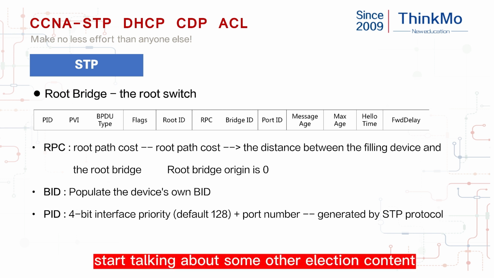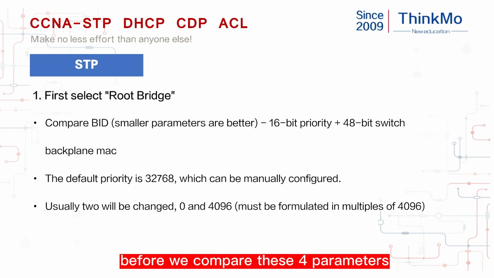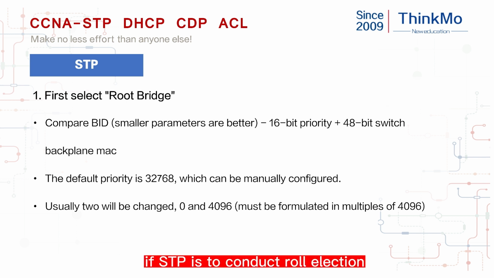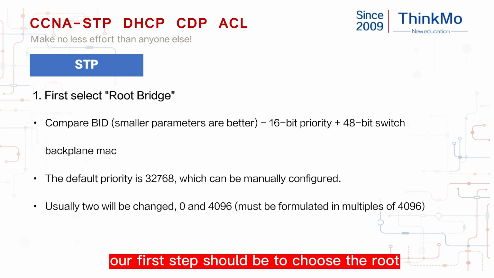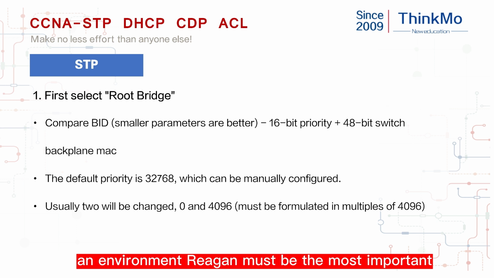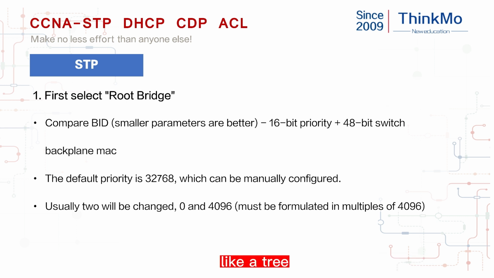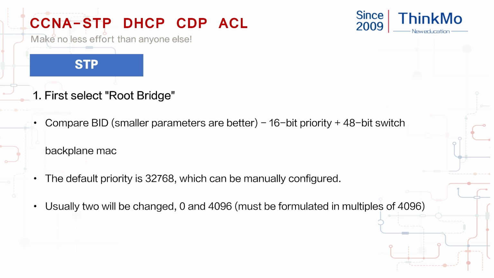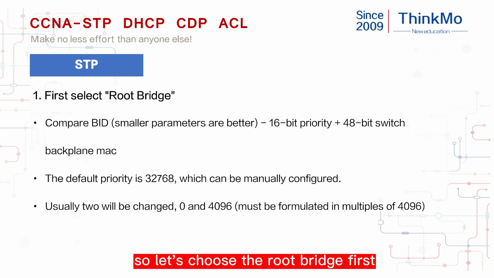Then we officially start talking about some other election content. Before we compare these 4 parameters, I want to emphasize. If STP is to conduct role election, our first step should be to choose the root. An environment region must have the most important. Like a tree, the roots are the most important. So let's choose the root bridge first.